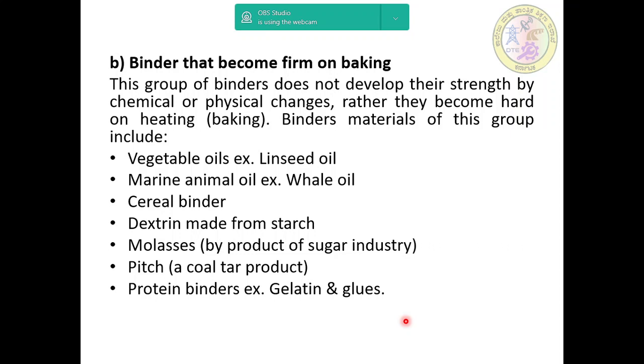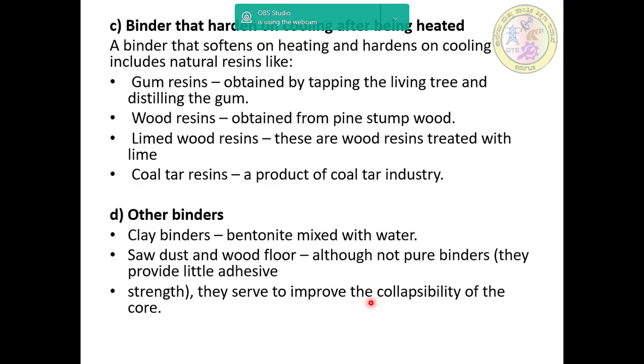Binder materials of this group include vegetable oil, for example take linseed oil, and then marine animal oil, example whale oil, cereal binders, and then dextrin that is made from starch, molasses, a byproduct of sugar industry, pitch, a coal tar product, and then protein binders, for example gelatin and glues.